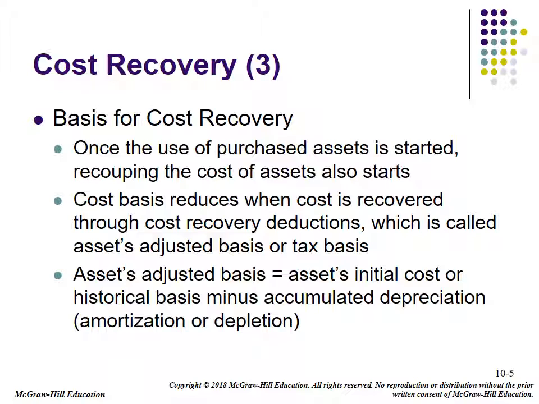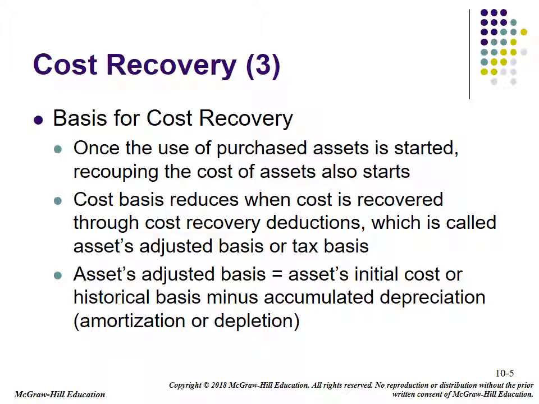Now, let's talk cost recovery as far as what we get to deduct. Basis for cost recovery is what we call that. Once the use of purchased assets is started, now you can start recouping the cost of the assets or calculating depreciation for tangible assets.